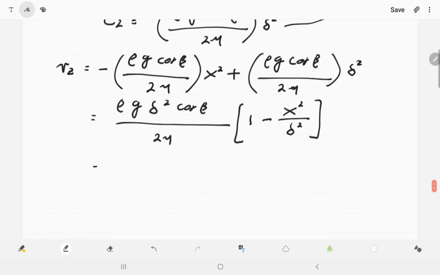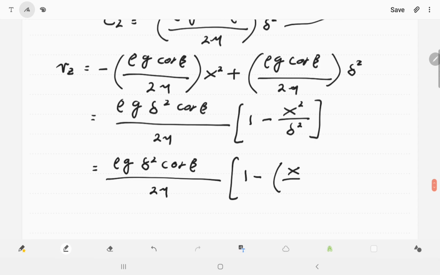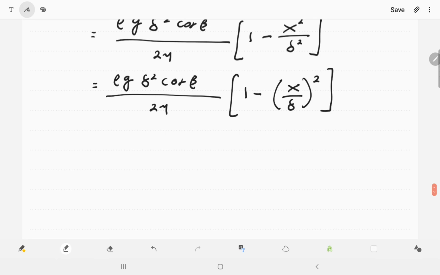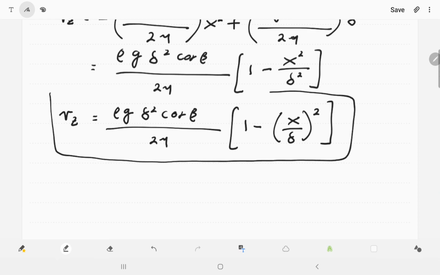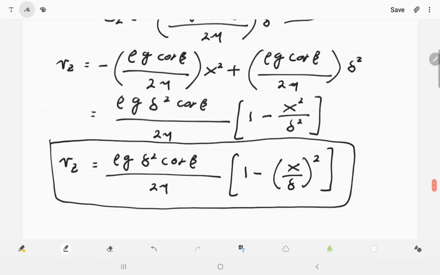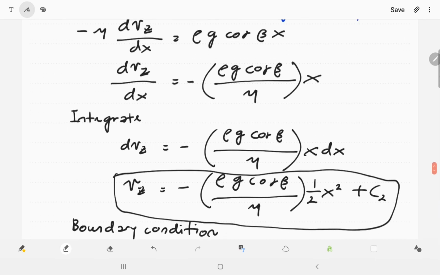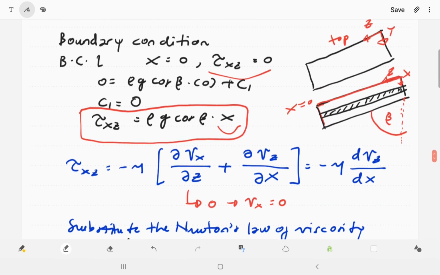Okay, then this will be cos beta divided by 2 mu times 1 minus x squared. So basically now we know that our velocity profile will have this particular form, and our shear stress has this particular form in here.